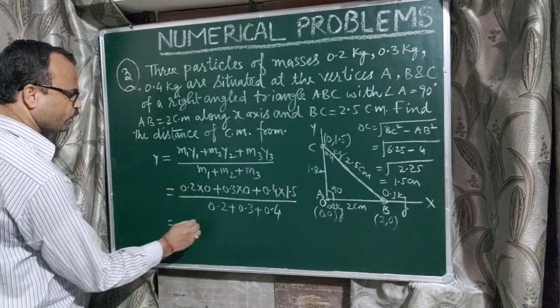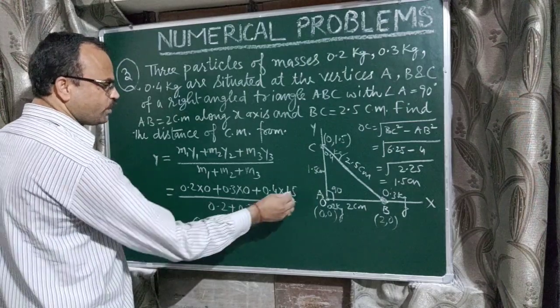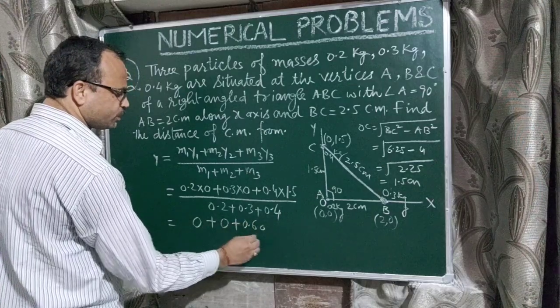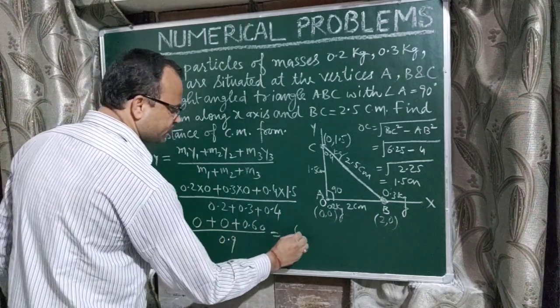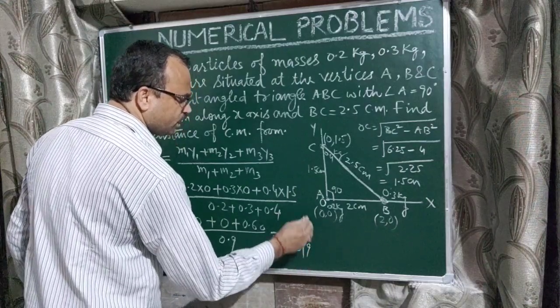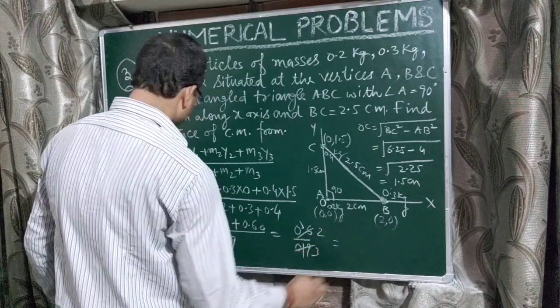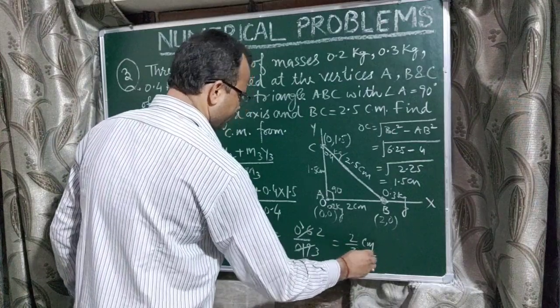So the first term is 0, the second term 0, the third term is 0.4 times 1.5, which is 0.60, upon 0.9. So this can be written as 0.6 upon 0.9. The decimal points cancel, so the y coordinate of the center of mass is 2 by 3 centimeter.